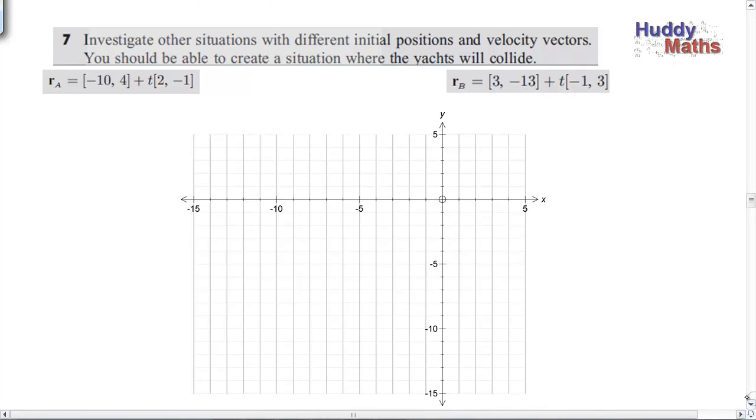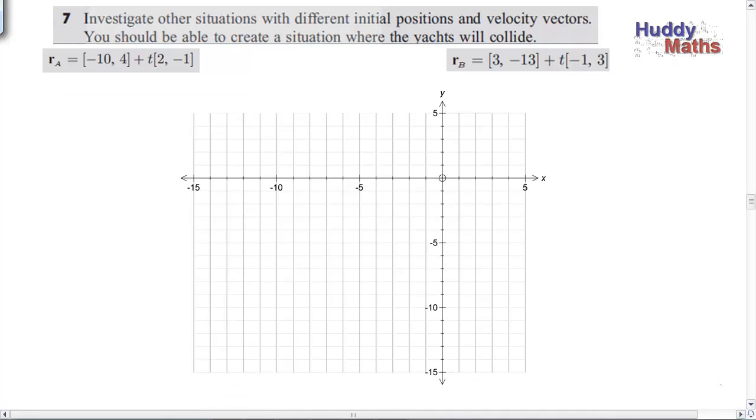Okay, let's come down and have a look at the last bit here. Investigate other situations with different initial position and velocity vectors. You should be able to create a situation where the yachts will collide. Well, let's go out to where yacht A was, and let's keep its velocity, 2, negative 1, so that's its first point after t equals 1, and then 3, negative 13.